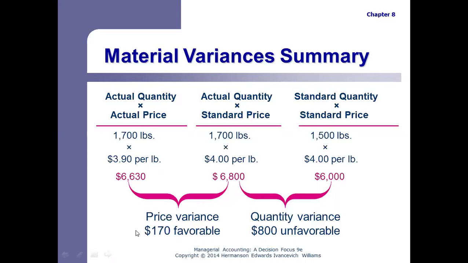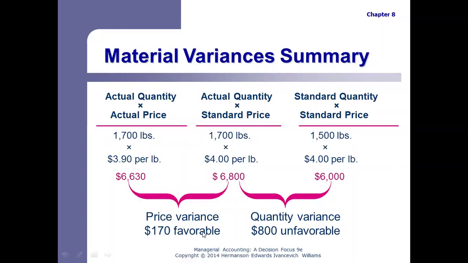If it's a positive, that's a favorable variance. That's a good thing. The difference between the rightmost column and the middle column is the quantity variance. So 6,000 minus 6,800 gives you a negative 800. Therefore, it's an $800 unfavorable difference.